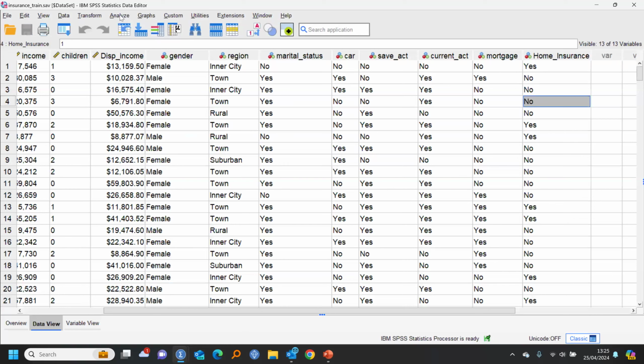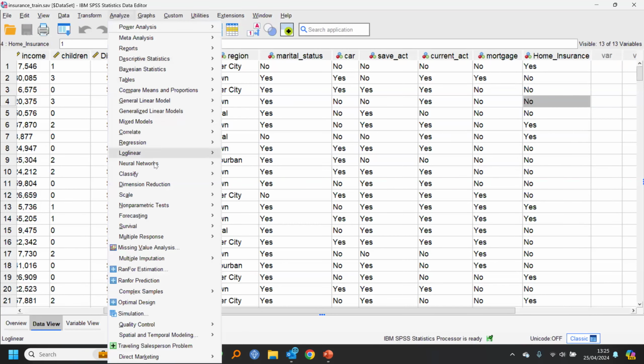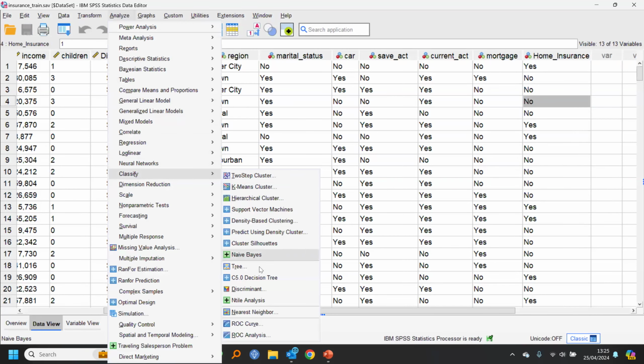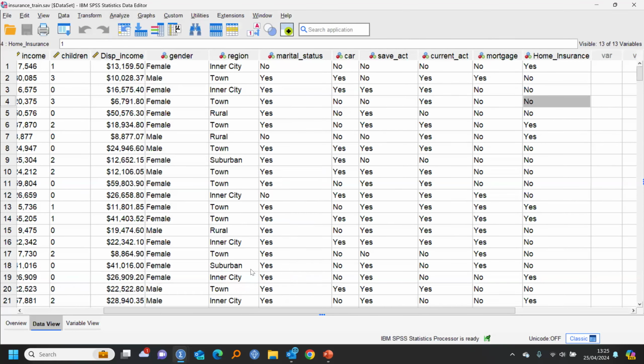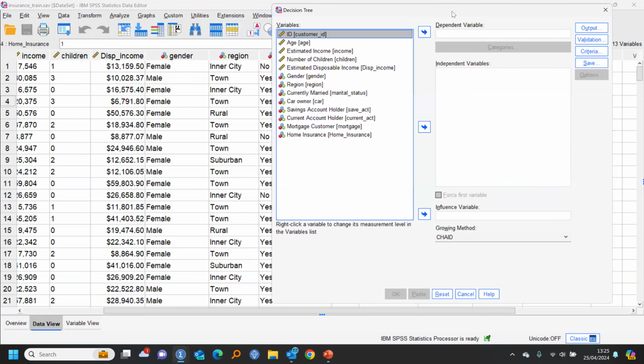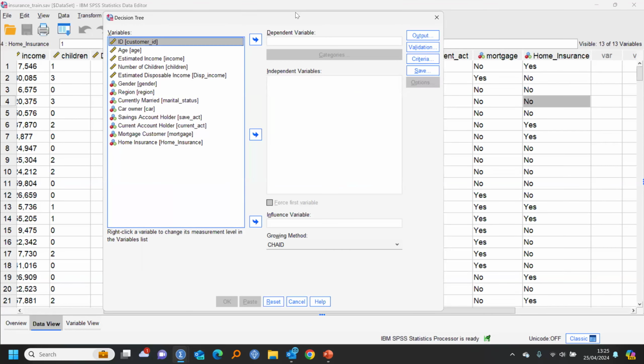Okay, to build a decision tree, we're going to go to Analyze, and we go down to Classify, and we call up the decision tree module, which is not a part of the base module within SPSS. It's just here as Tree. Call that up. I think it comes with the SPSS Professional package and the SPSS Premium package.